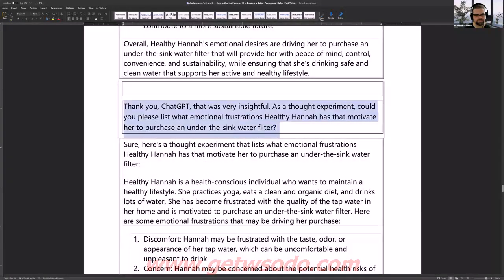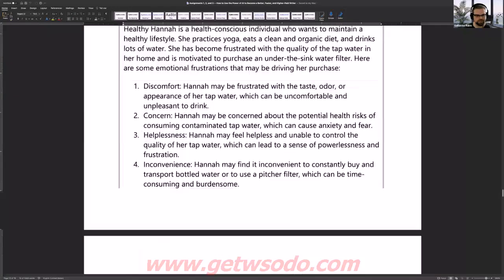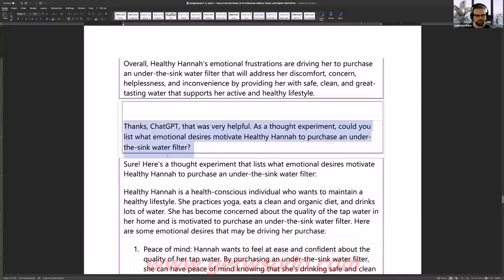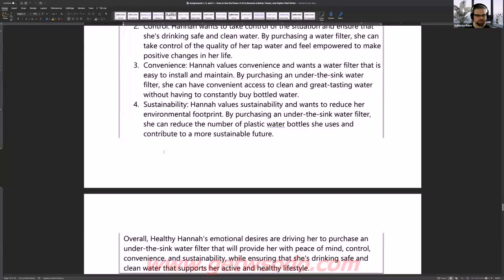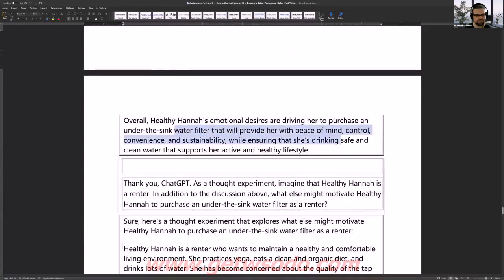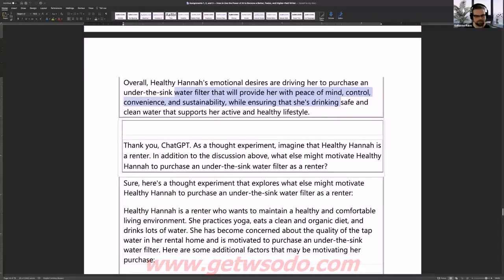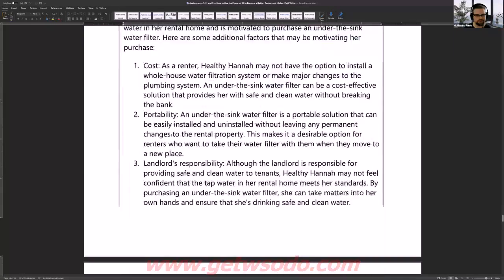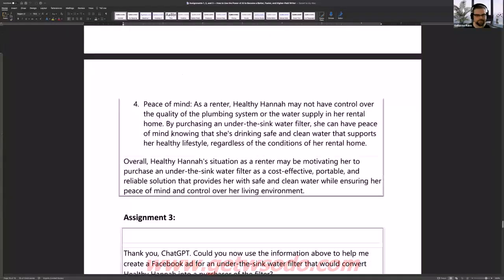Again, here we have the frustrations, emotional desires again. Now, if she's a renter. Okay.